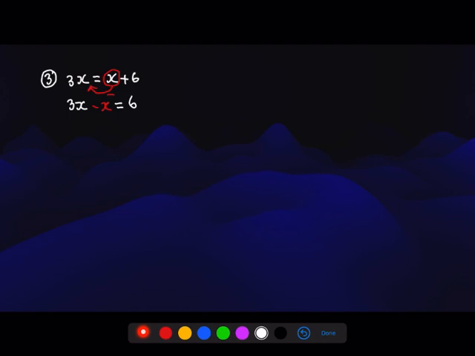So we get 3x minus x equals 6. When you're saying minus x, you're minusing 1x. So x is 1. So it's like saying 3 minus 1, which is equal to 2. And now we know that we have 2x. So we've done one portion of the question.